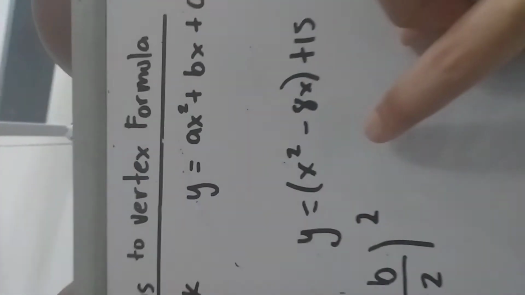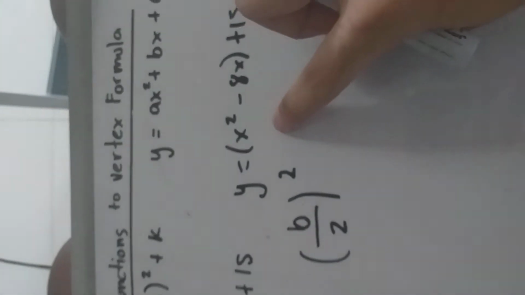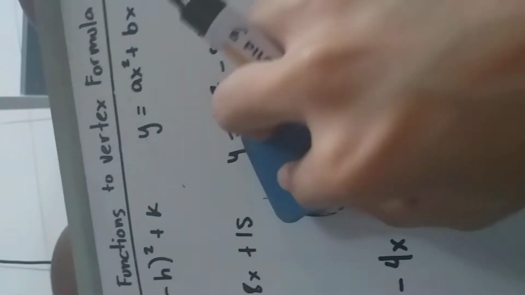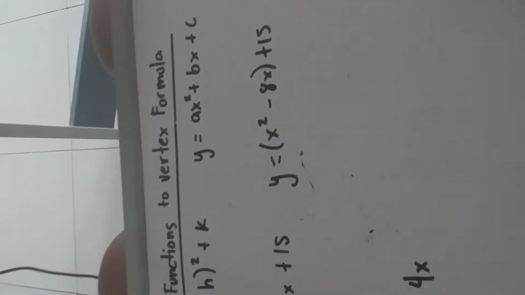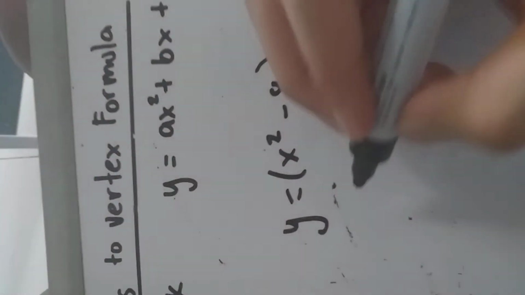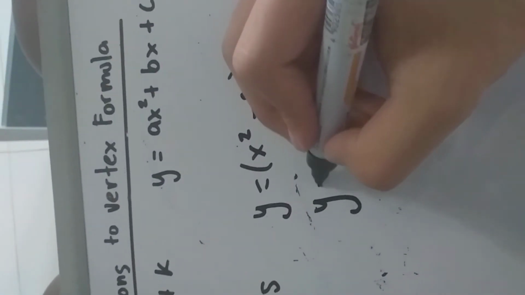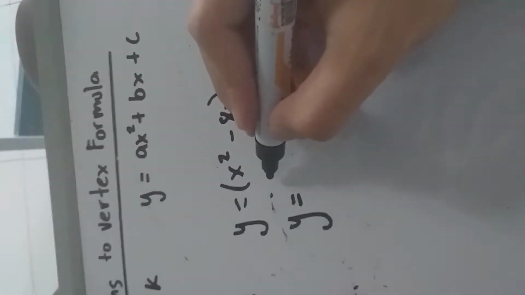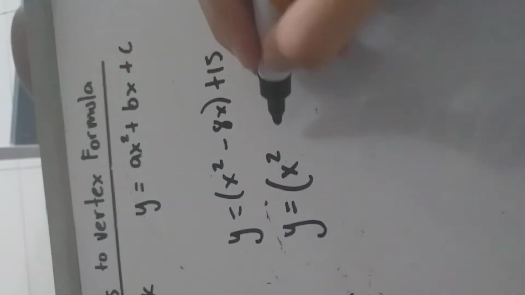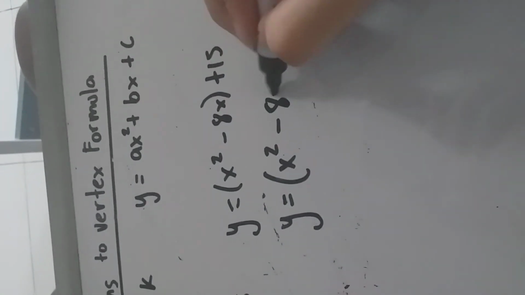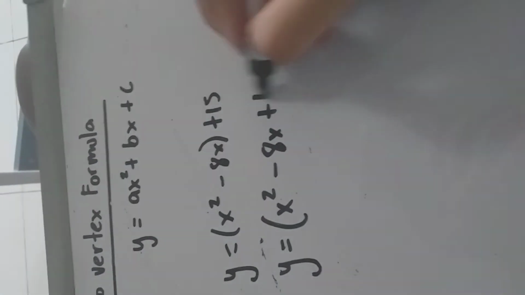So to do this, we have to complete the square, as I said. Again, if you recall in the video I made, completing the square has the formula of what I just wrote a while ago. So what we're going to do is x squared minus 8x plus 16.